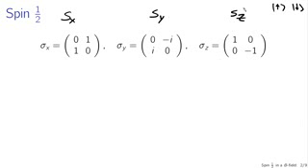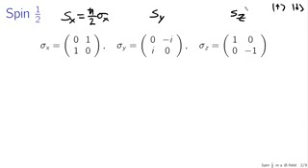These Sx, Sy, and Sz operators can be expressed as 2x2 matrices. These 2x2 matrices are usually written as the sigma x, sigma y, and sigma z Pauli matrices, which are essentially what you get if you remove an h bar over 2 from the matrix representation of the spin angular momentum operators. So we have these matrices.